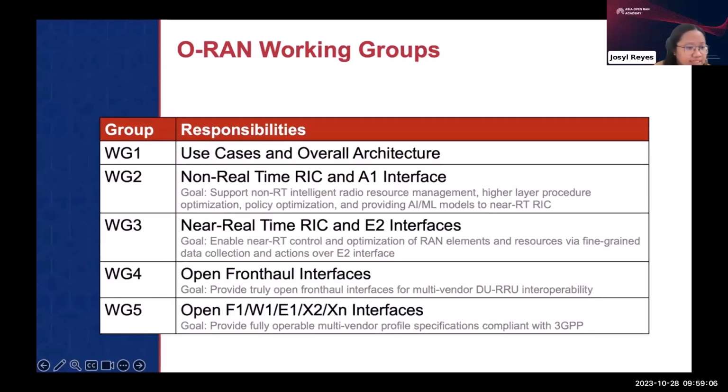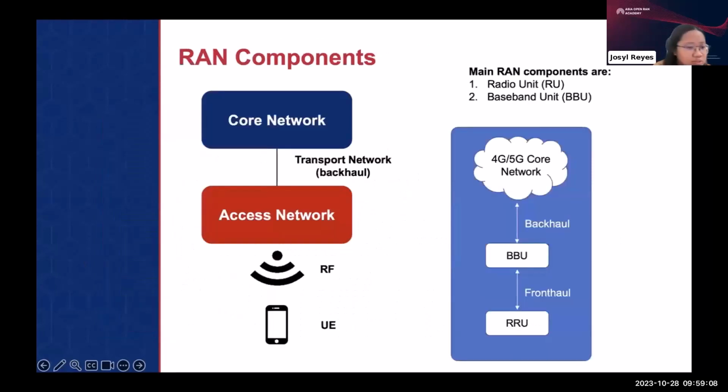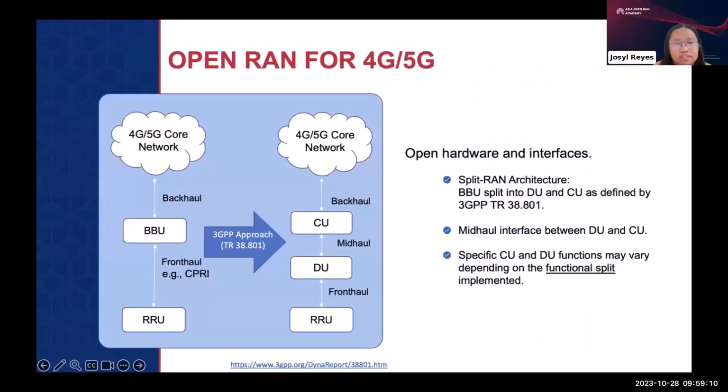Okay, to summarize, let me use this slide to end the discussion. Originally, we know that we have the BBU and RRU. This is the split architecture of our traditional RAN with a fronthaul interface.